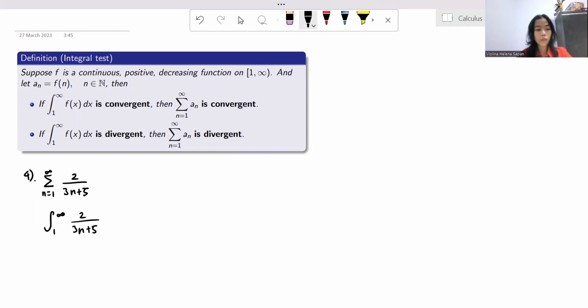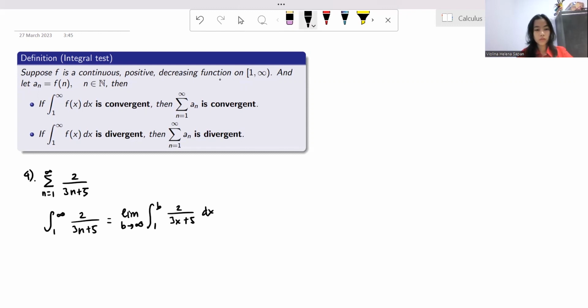And this is an improper integral. So by definition, it is the limit as b goes to infinity of the integral from 1 to b of 2 over 3x plus 5 dx.